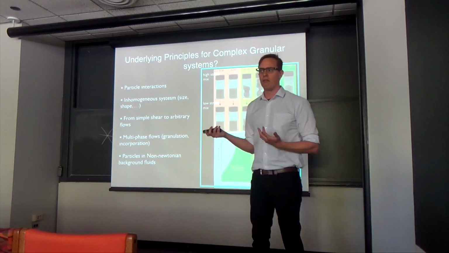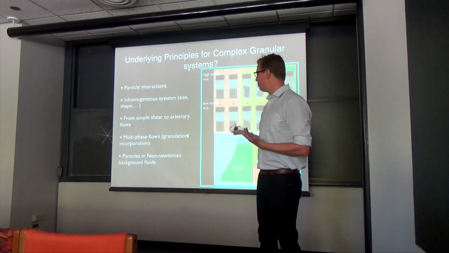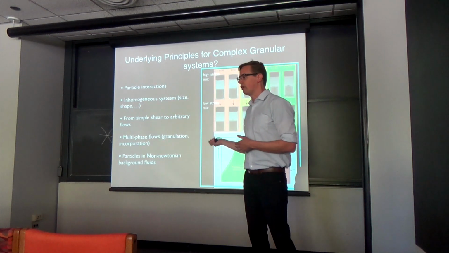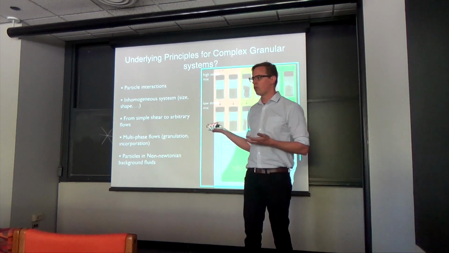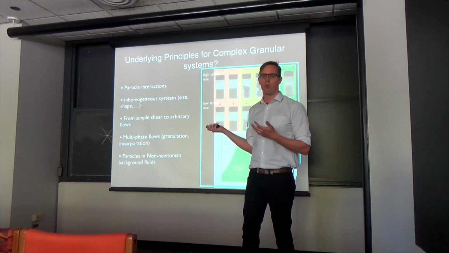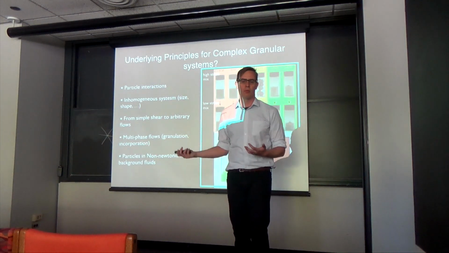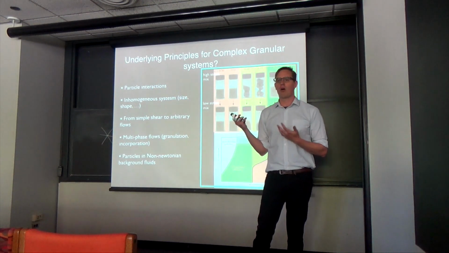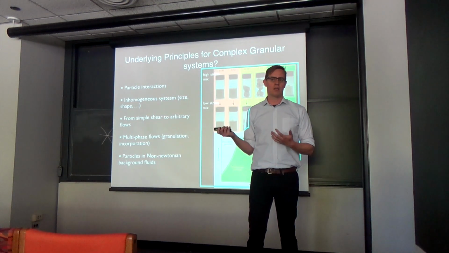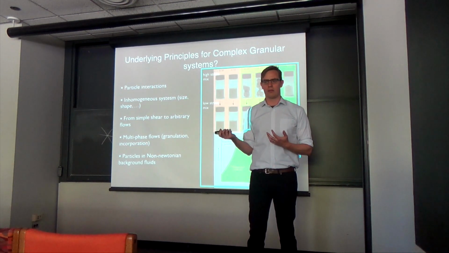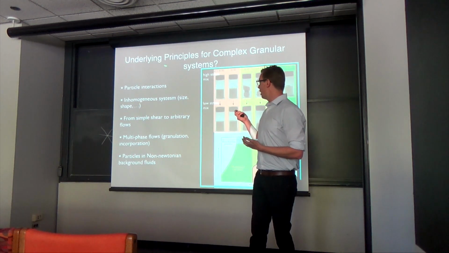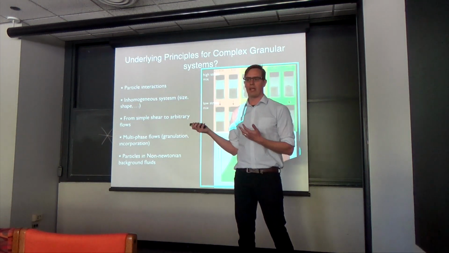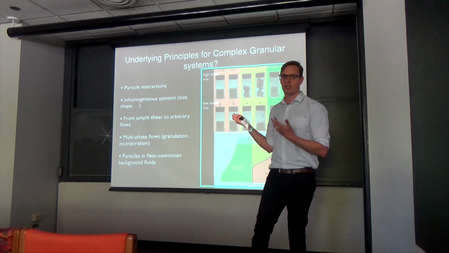There are progressively messier systems that people deal with in industry, but the question is, are there ways you can take insights and ideas from granular physics to develop unifying underlying principles that control these complex granular flows?